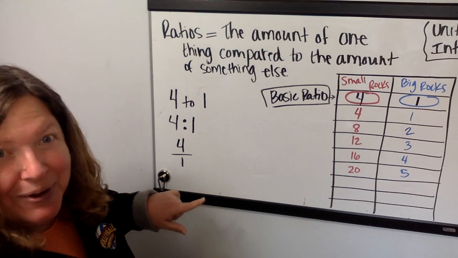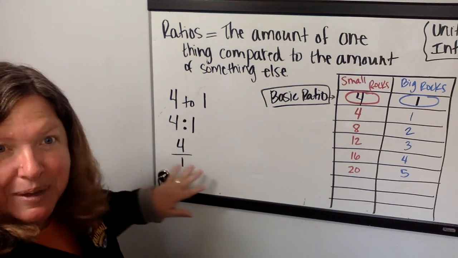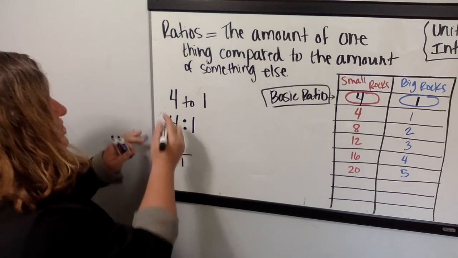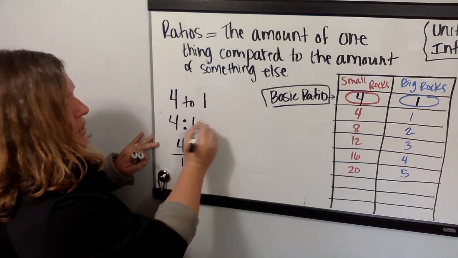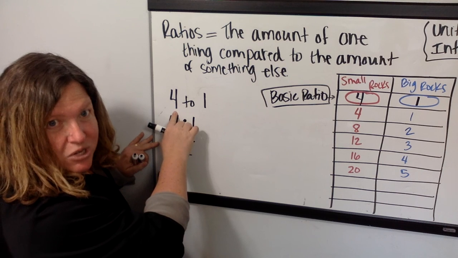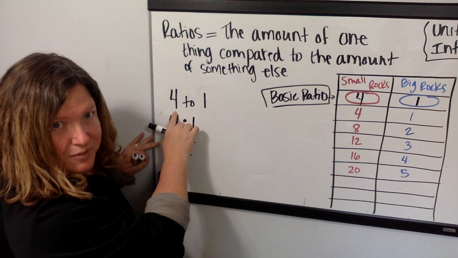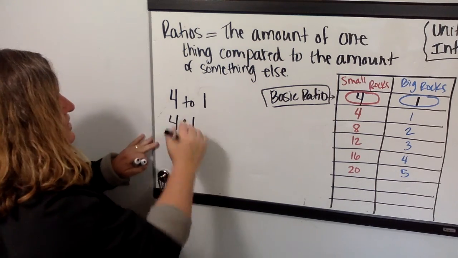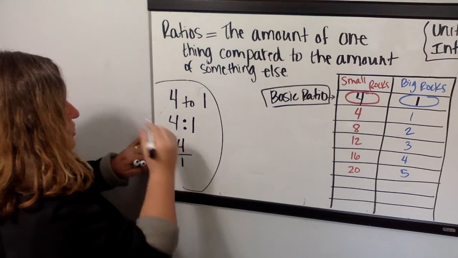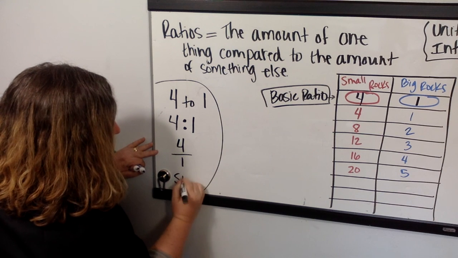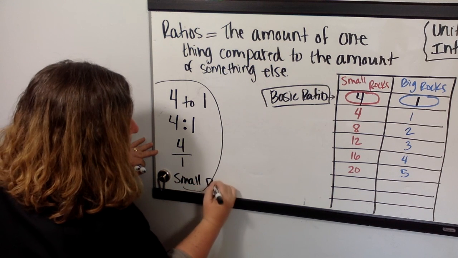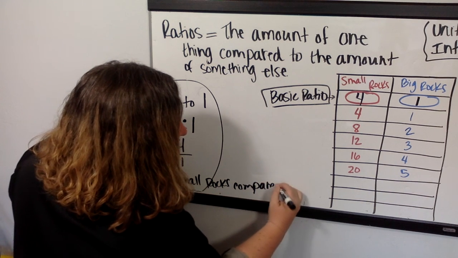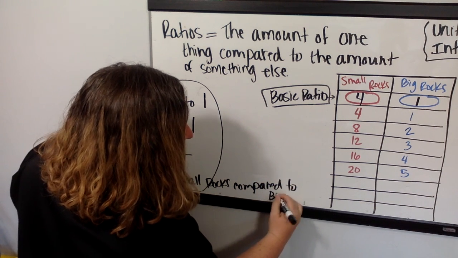Now, remember at the beginning of the year, we also talked about how these numbers have to follow the words. So if we're talking 4 to 1, the number 4 is coming first. What word does that have to follow? Small rocks. In this whole section right here, we're talking about small rocks compared to big rocks.